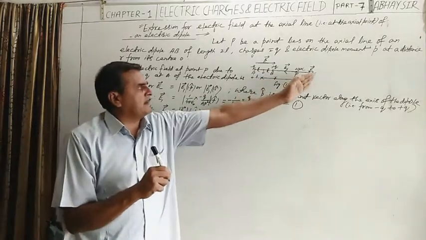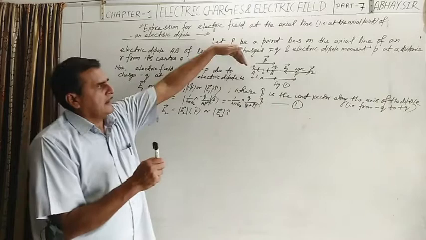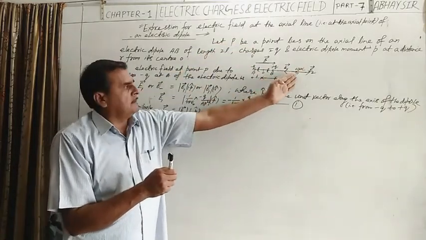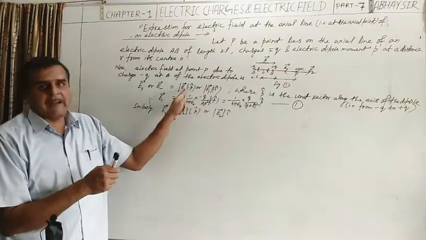Because the direction of P2 vector is along the axis of the dipole, and the direction of P1 is opposite to the axis of the dipole, so it is taken as minus P.